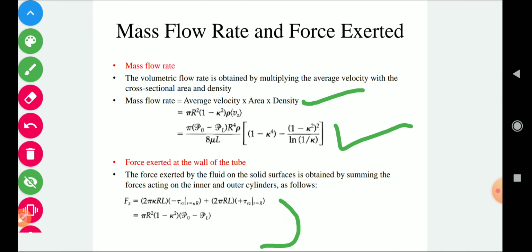This 2 pi kR is the radius of the smaller pipe, L, and tau rz at r equal to kR, plus the force exerted at 2 pi R L tau rz at r equal to R. So at the smaller pipe plus at the larger pipe, and if you put all these values, finally the total force exerted will be equal to pi R square (1 minus k square) (p0 minus pL).